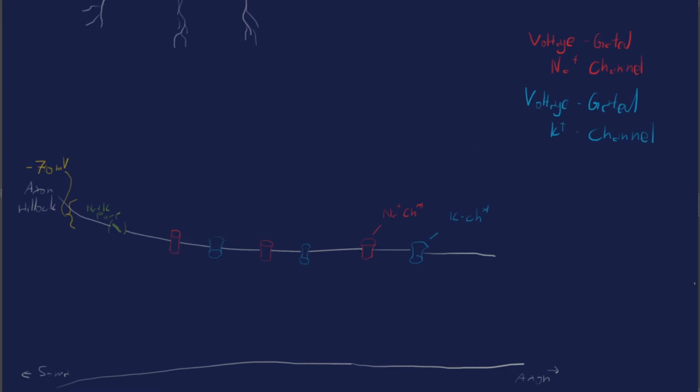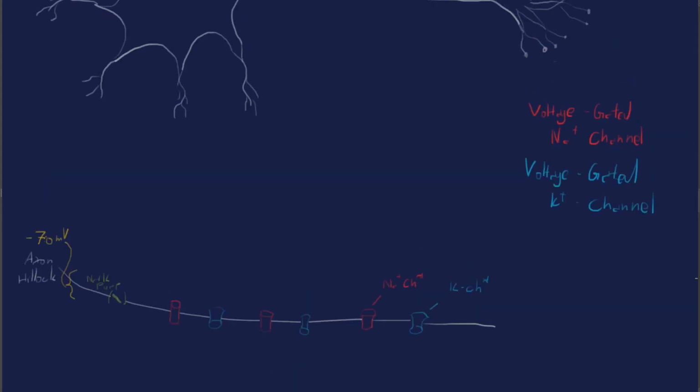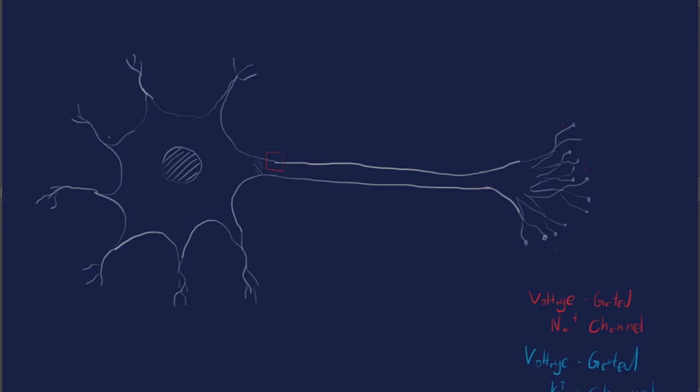Okay, and so now everything is ready. All the structures that we need are set up. And now let's talk about how the action potential works. So you know that when a synapse on a neuron fires, let's say some axosomatic synapse, it triggers the influx of ions inside the cell. Okay, so let's draw it here. Let's say you have a synapse of some neuron here in the distance.